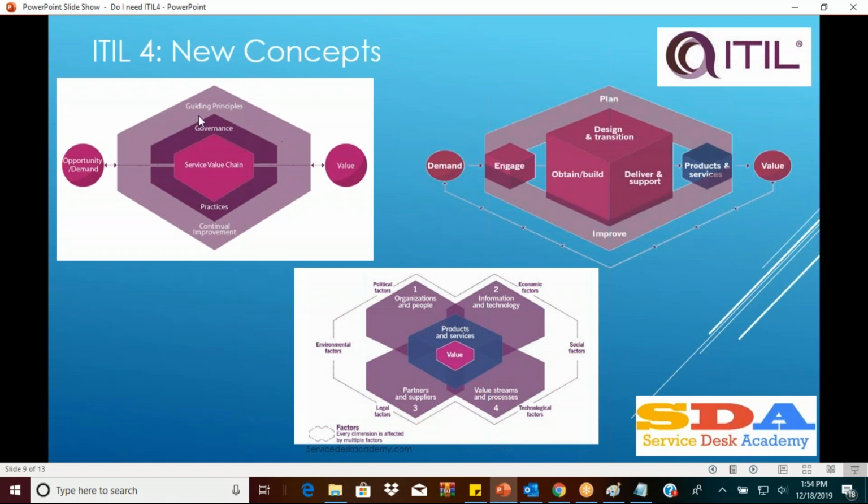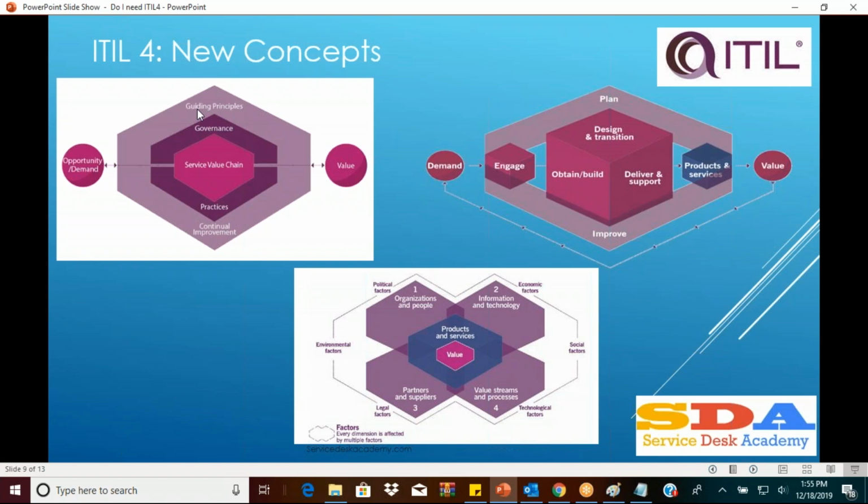Everything is located at one place, that is in the service value system, which means you're going to embed the guiding principles. You also have another thing called governance. Governance wasn't mentioned explicitly in ITIL V3 and neither in ITIL V2, but here in ITIL V4 you also see governance, which is very much needed for IT organizations, or probably for any service management organizations, right?